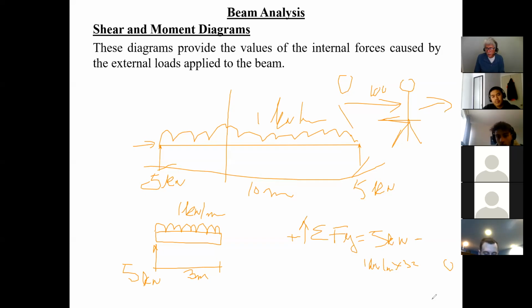So how come this beam's not moving if I still need 2 kilonewtons for it to stay in equilibrium?